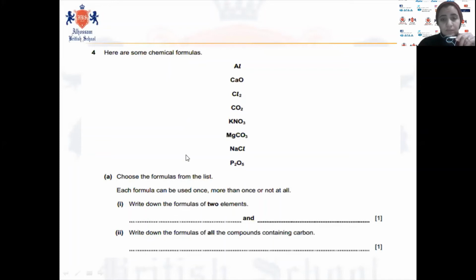And we have another one. We have four. The fourth one, CO2, and sodium chloride. Excellent. Write only two.